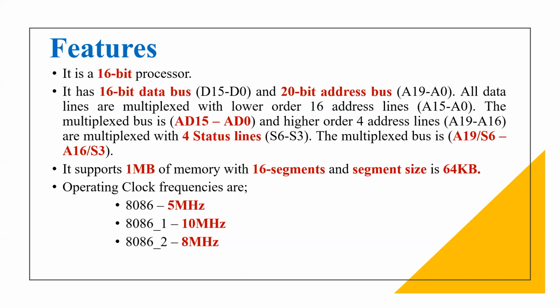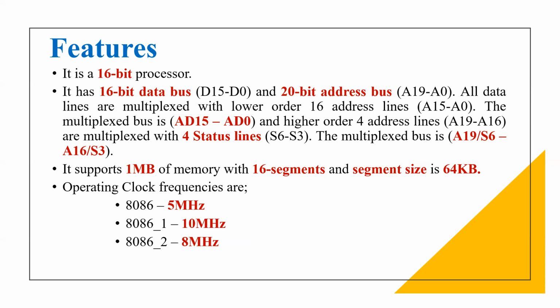It indirectly speaks about the capacity of the ALU. And also, at a time it can transfer 16 bits, as well as receive a maximum of 16 bits at a time. So it is called a 16-bit processor, and its word length is 16 bits. That is the meaning of the first point.